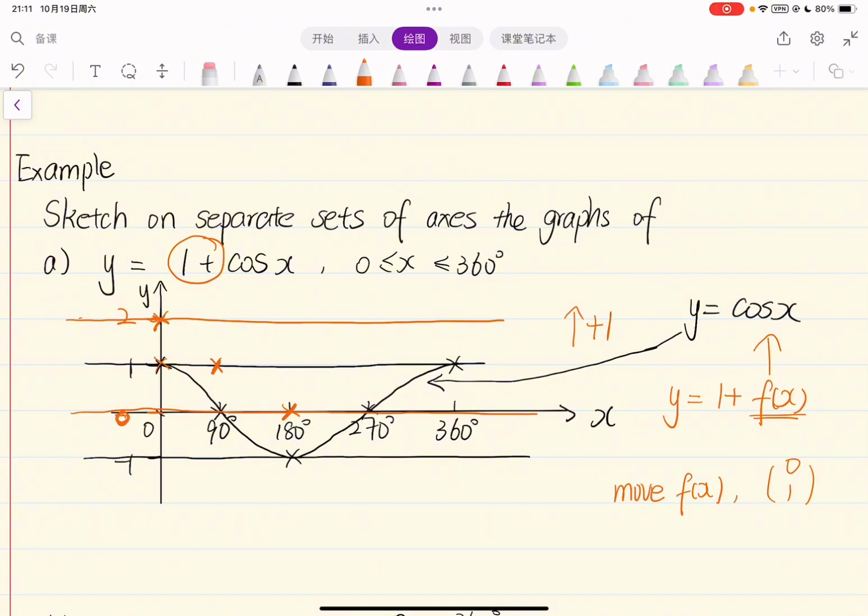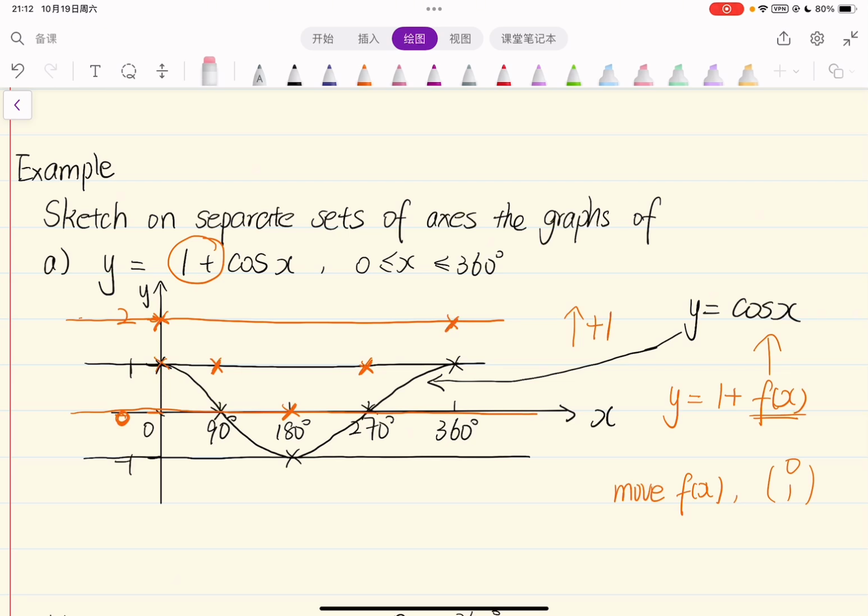When x equals 270 degrees, that is 0 plus 1, so it is 1. When x equals 360 degrees, y equals 1 plus 1, that is 2.